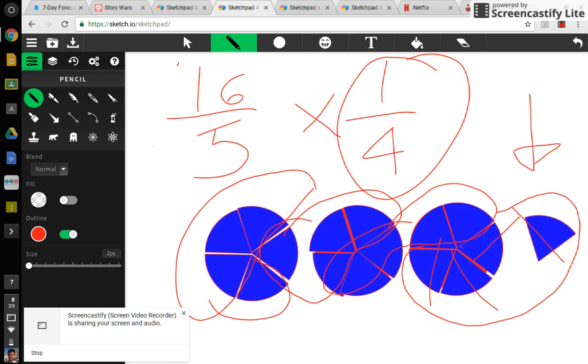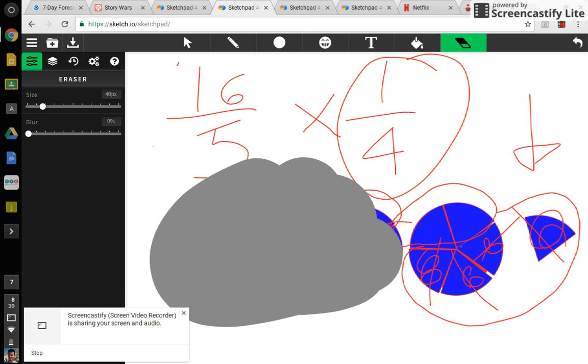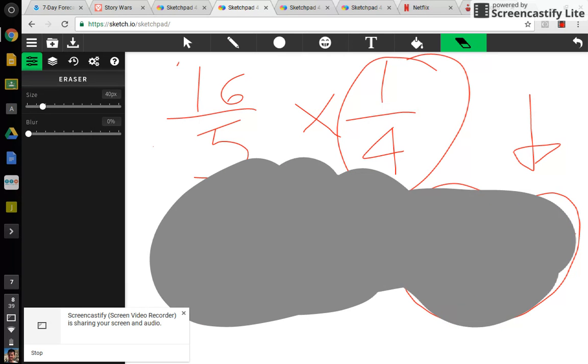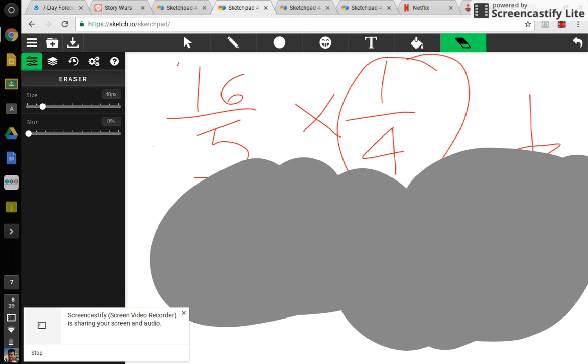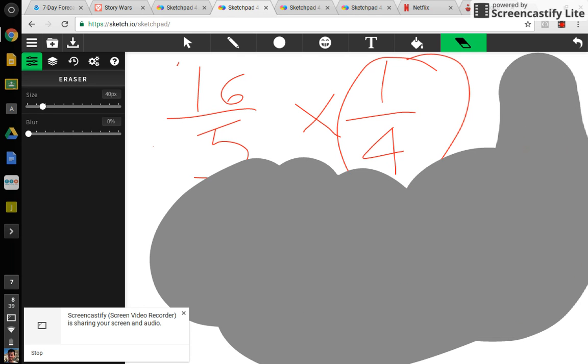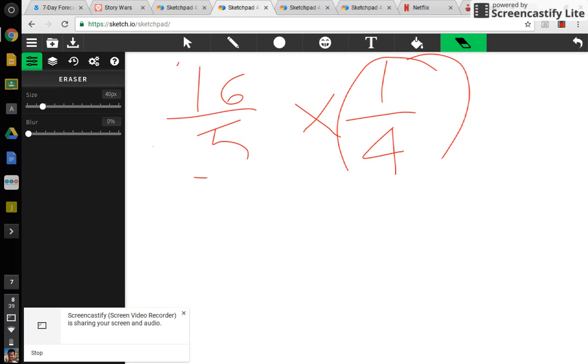Okay, so in other words, if I'm looking at 1/4 of all of my fifths, 1/4 of 16 fifths, I can see that it is 4 fifths. All right, so let me go ahead and erase this.